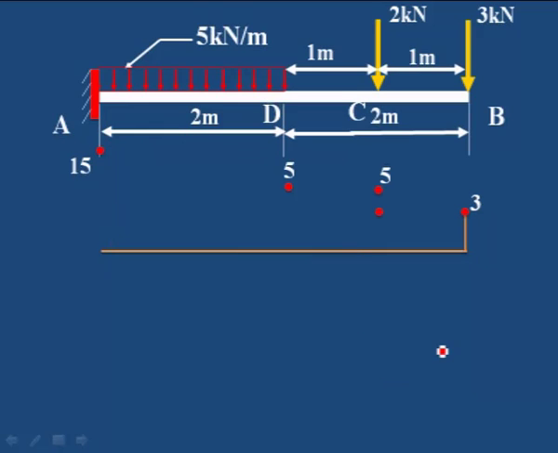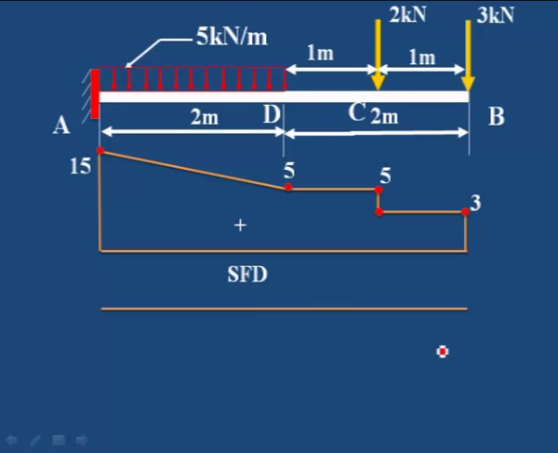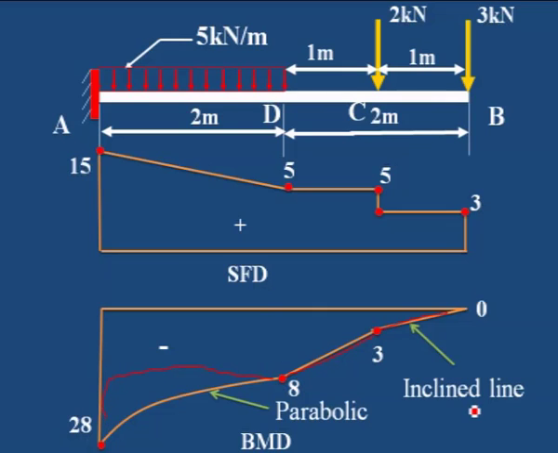Okay, you can see this is the inclined line and then this is the diagram. And then for the bending moment diagram, you can say it is an inclined line, then an inclined line, and then this portion parabolic, inclined line, parabolic.